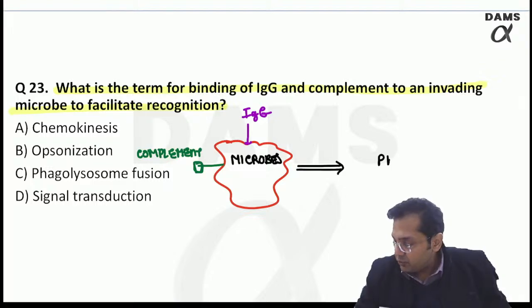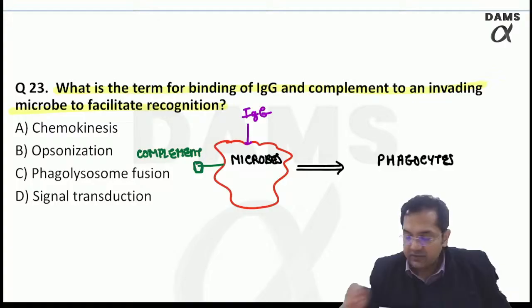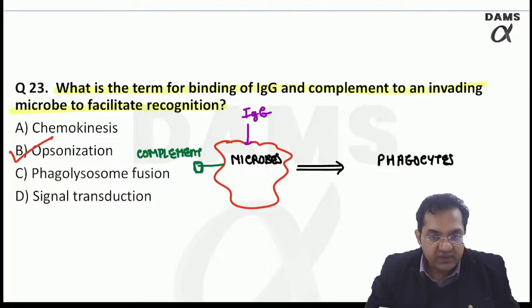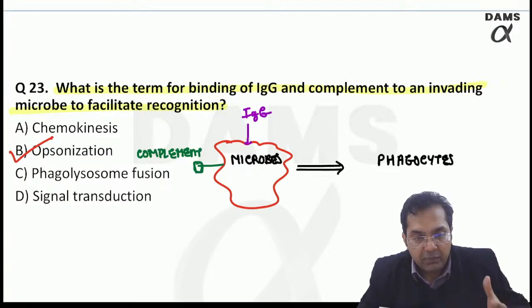So the phagocytes that are going to ingest these microbes, this process is famously known as opsonization, or in basic terms we say this is making the microbes tasty.